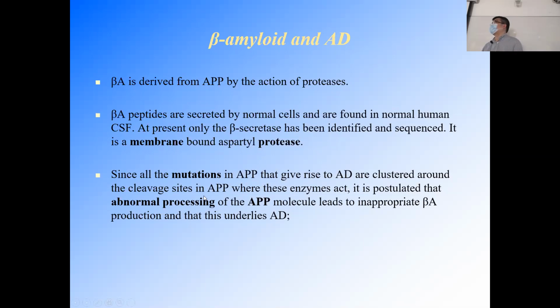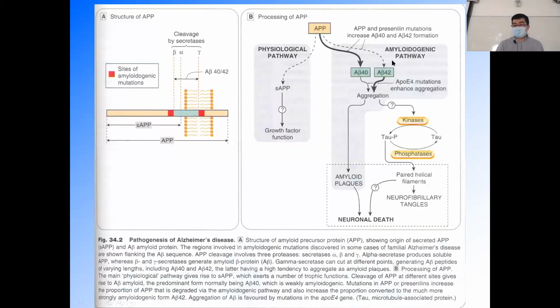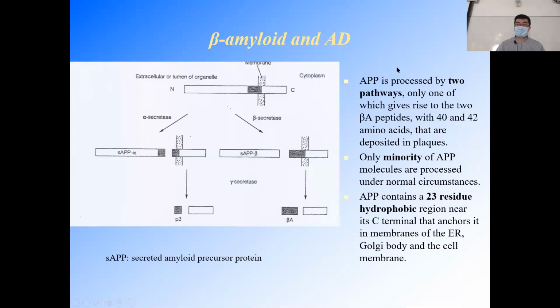So that's the reason why we believe that that is the problem, and the processing of those will result in more formation of the A beta 42. So this one, A beta 42. That's the reason why scientists believe that that is the problem. Okay, so how is it being processed?